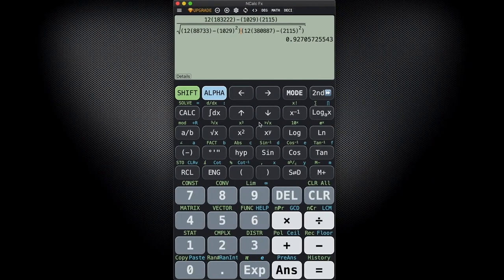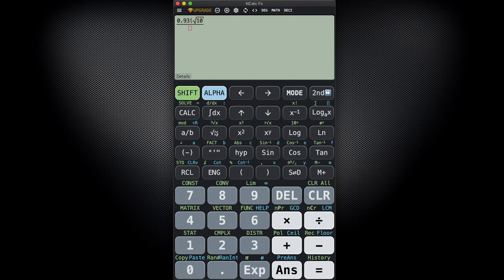So, let's solve this sa ating calculator. Delete ko muna silang lahat. Clear. Okay. So, fraction. We have 0.93 multiplied to the square root of 10. Diretso ko na, no? Dahil 12 minus 2 is 10.